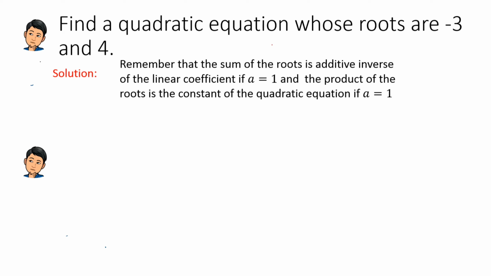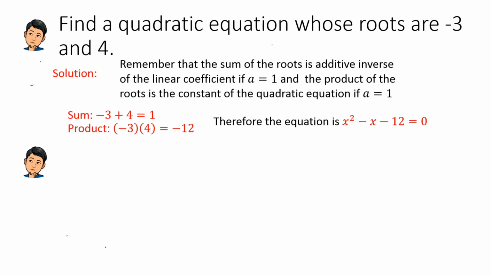So we simply get the sum and the product. The sum is negative 3 plus 4, these are the two roots given. Negative 3 plus 4 is positive 1, while the product is negative 3 times 4, which is equal to negative 12. So then we will just substitute to get x squared minus x minus 12 equals 0.